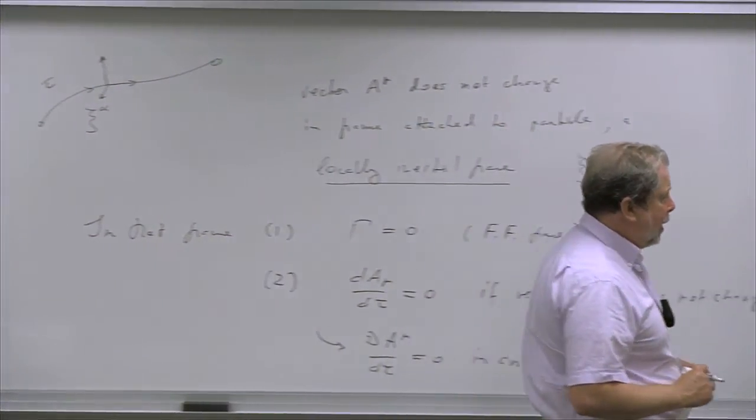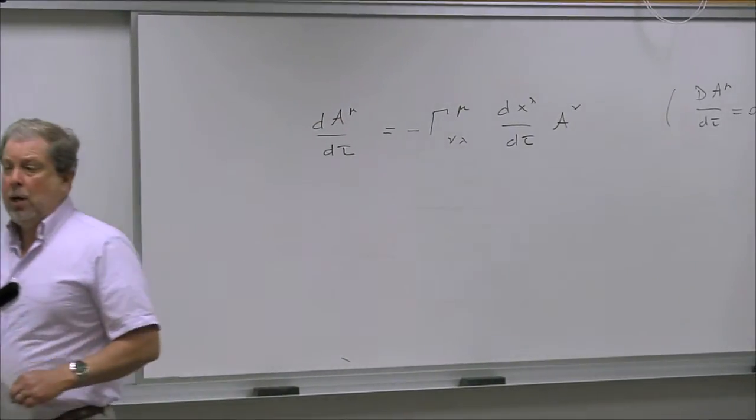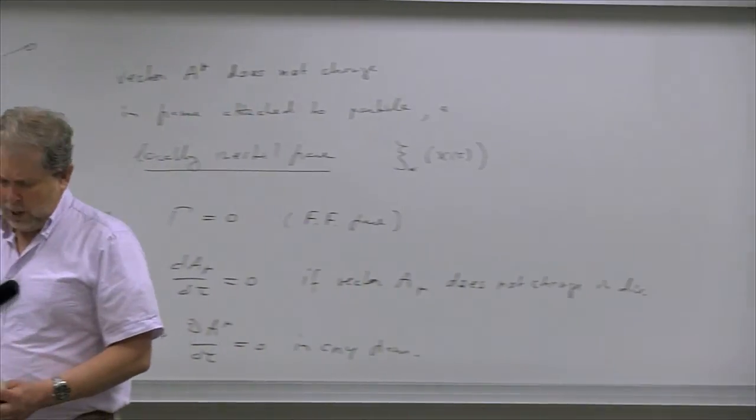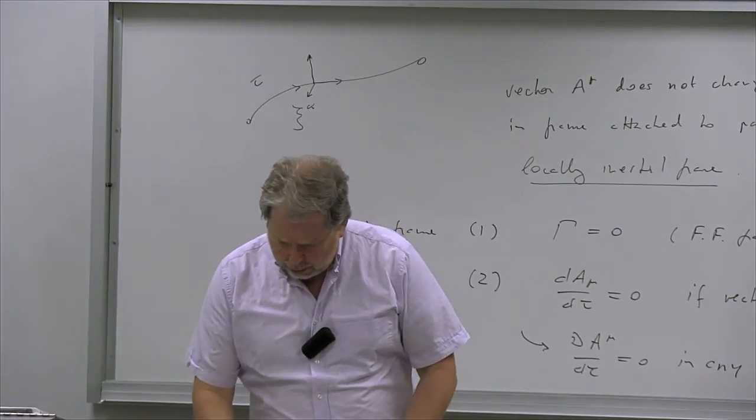And as a result of that, the ordinary derivative is equal to minus the affine connection term as viewed from any frame, not just the one that is attached to the particle.